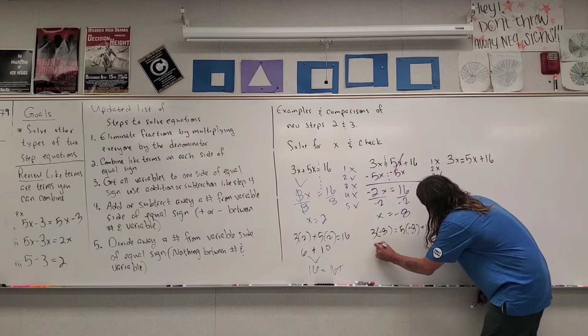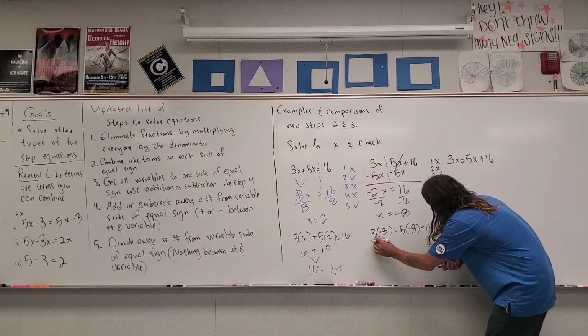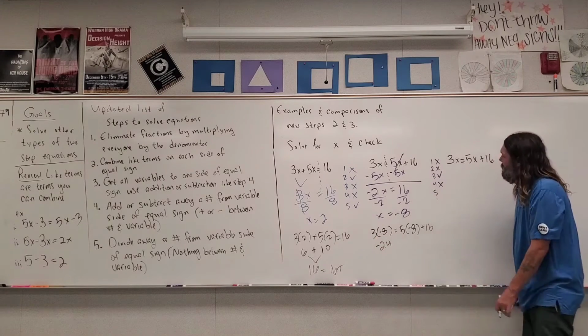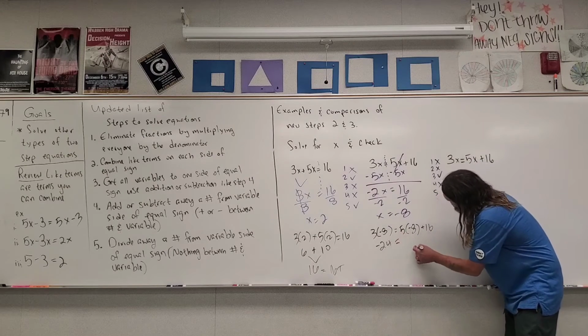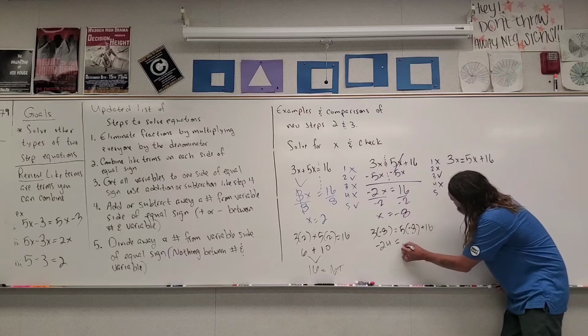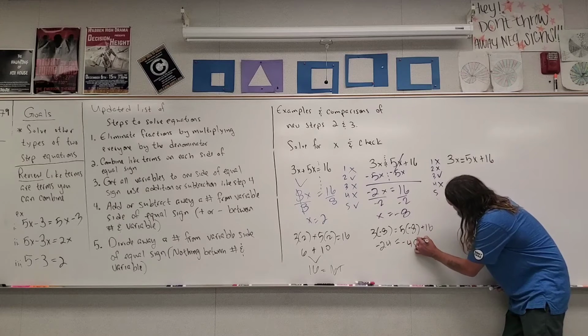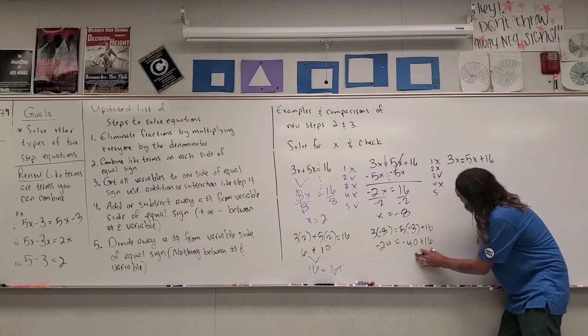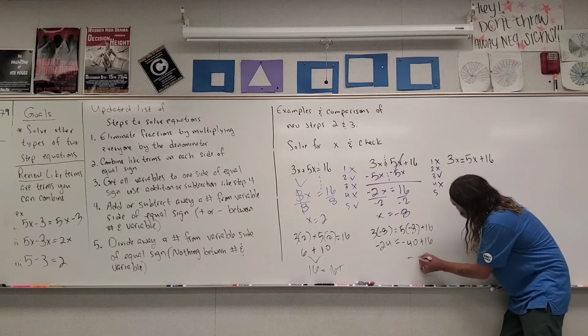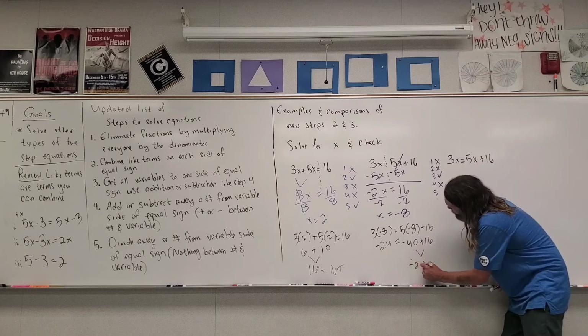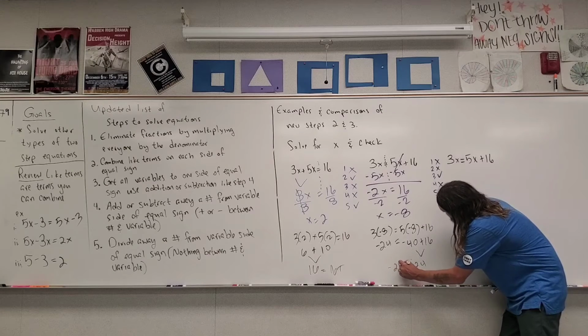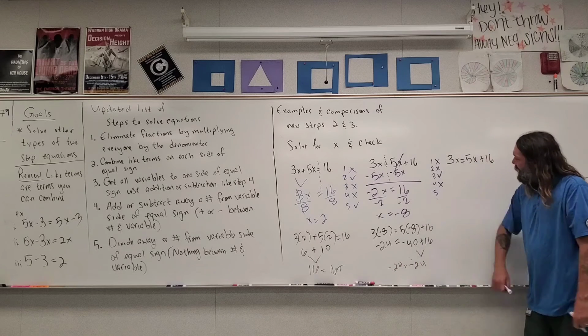Well, 3 negative 8s gets me to negative 24 because a positive times a negative is a negative. 5 times negative 8 is negative 40. And negative 40 plus 16, I owe more than I have, so I know my answer is going to be negative, and it's actually going to be negative 24. So here I have negative 24 is equal to negative 24, and that means that my answer is correct.